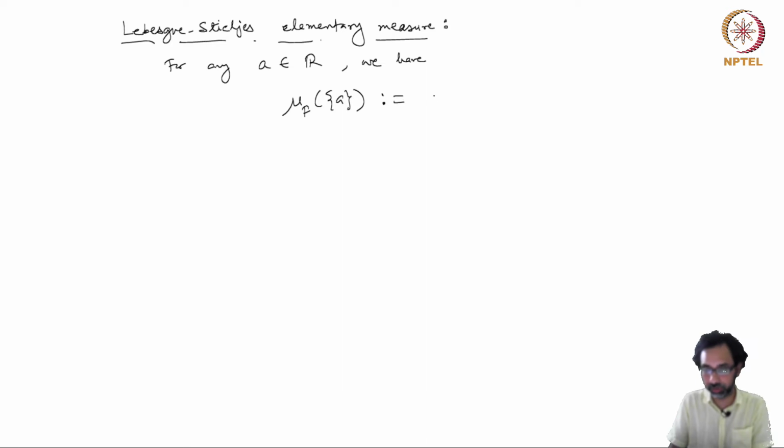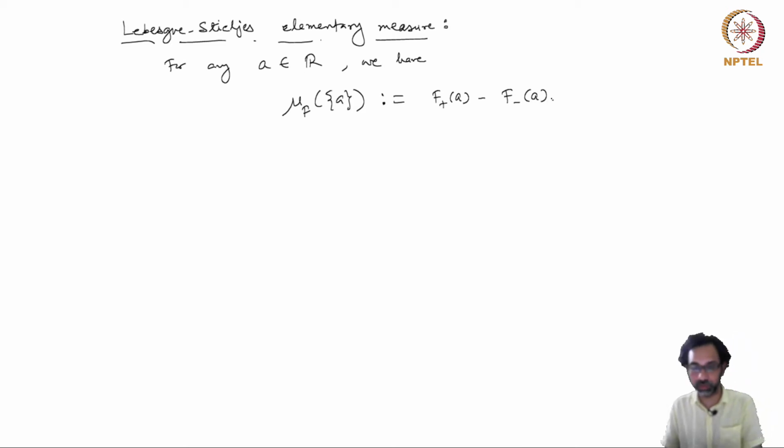This is by definition f plus a minus f minus a. In contrast with the elementary measure where the singleton sets had measure 0, here they may not be 0. So the Lebesgue-Stieltjes elementary measure may give a non-zero finite weight to a singleton set.